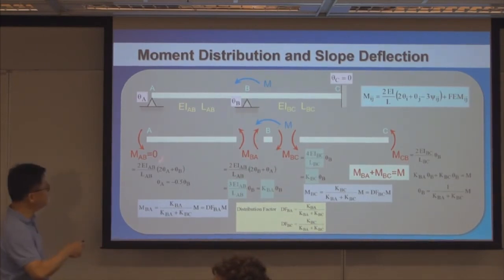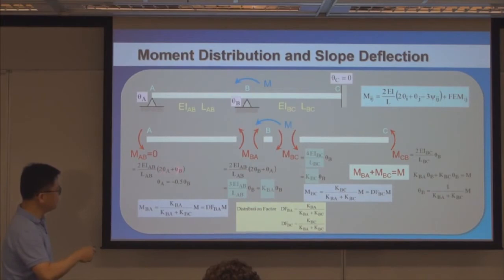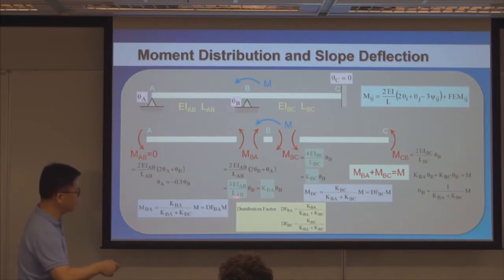It's actually triggered by this moment-free condition there. Because this is moment-free, there's a relationship between the angles of the two ends, substitute in, and then it reduces to 3EI.